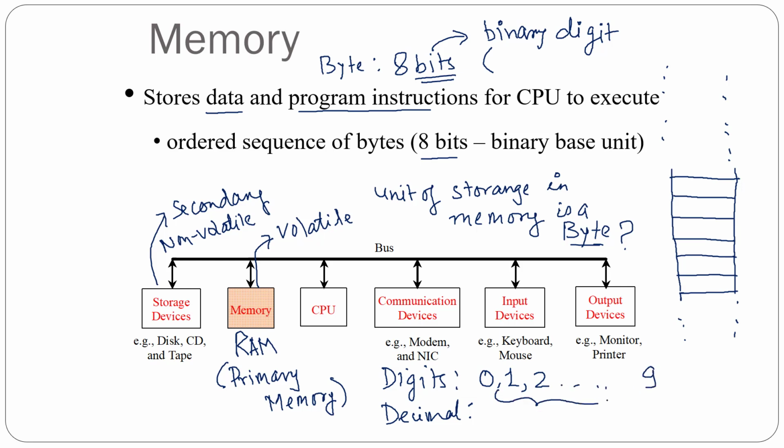So we have in total these 10 digits: 0, 1, 2, 3, 4, 5, 6, 7, 8, and 9. These are the 10 digits in the decimal system. In binary digits, also called bits, we have just two digits, 0 and 1.